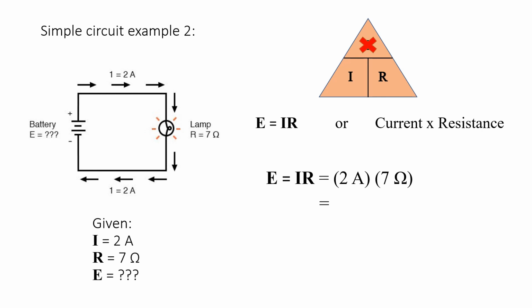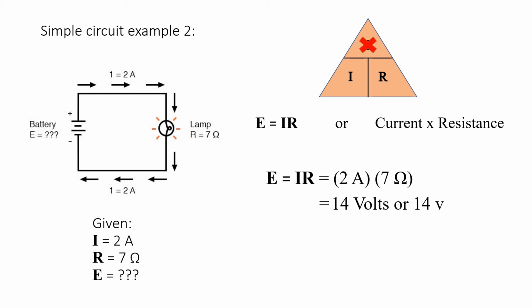Then substitute the values. 2 amperes times 7 ohms. And proceed with the mathematical operation. 2 times 7 is equal to 14. And apply the standard unit of measurement for voltage, which is volts.